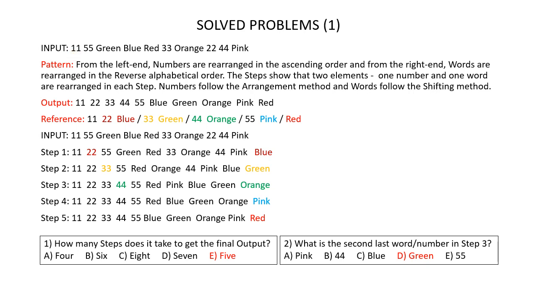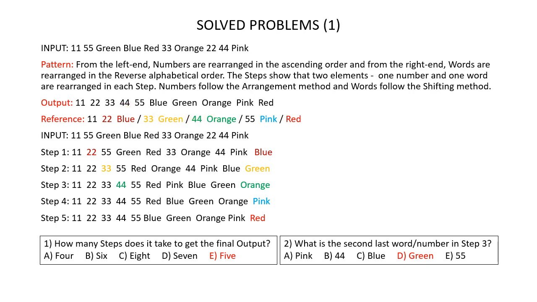So now the first set in the reference line will consist of the elements 22 and blue from the input. The second set of the reference will be 33 and green. The third set of the reference will be 44 and orange.